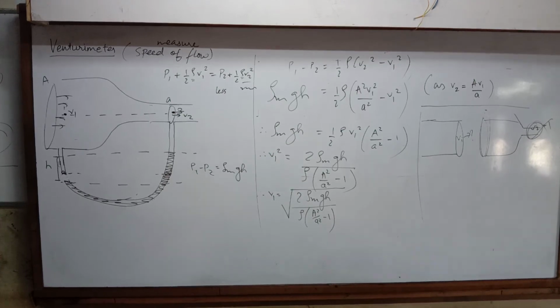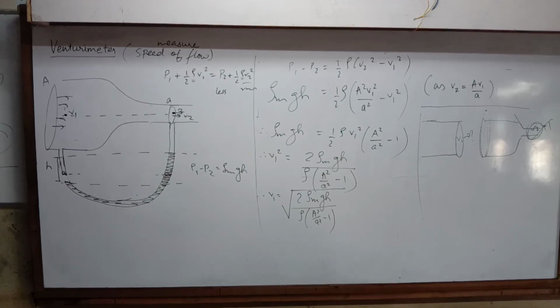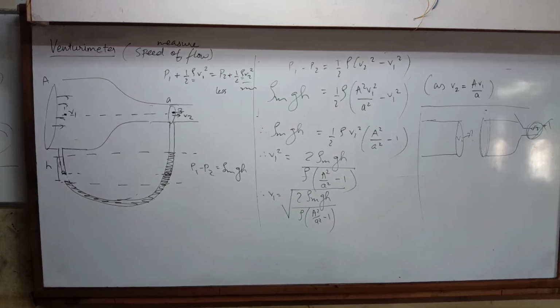Okay. This question now. Flow of blood in a large artery of an anesthetized dog, of course. If it's not anesthetized, it will bite you if you try to do such things. Understood? The question says the flow of blood in a large artery of an anesthetized dog is diverted through a venturimeter. So we want to measure the speed of flow of blood inside a dog.